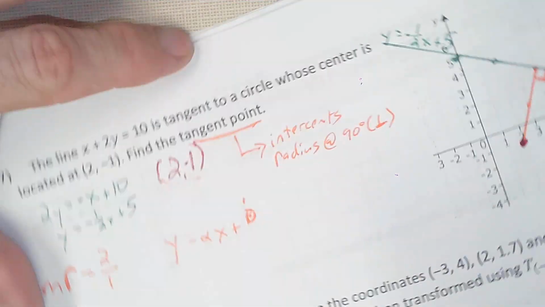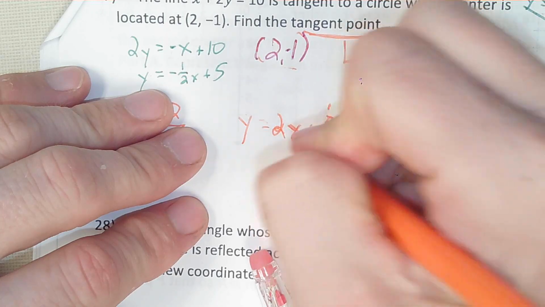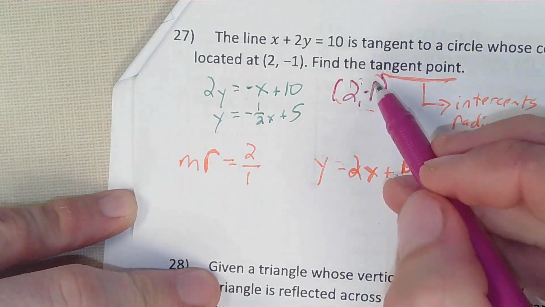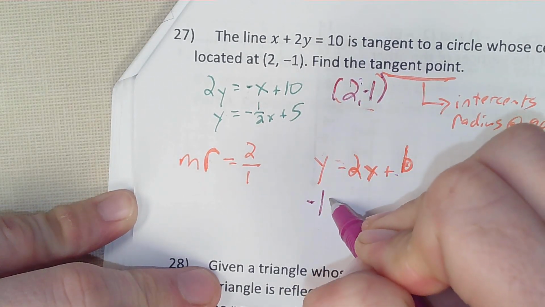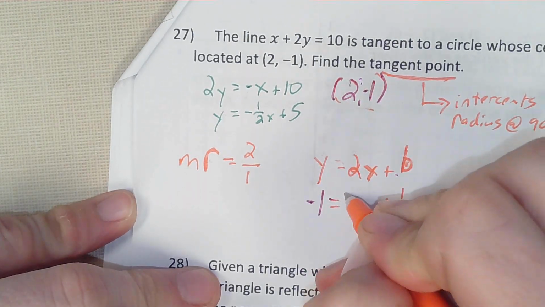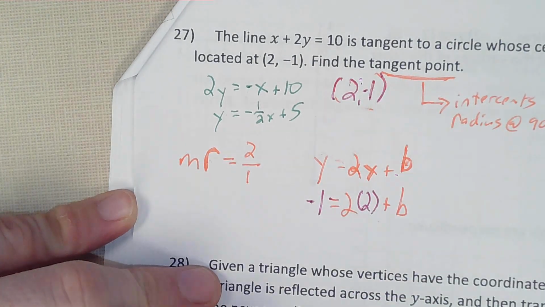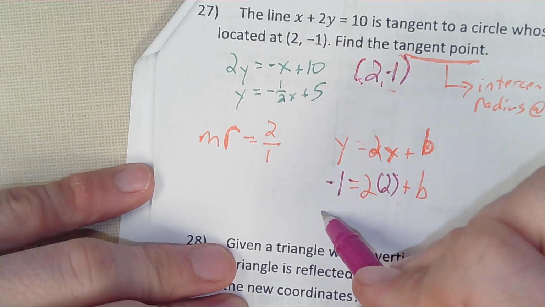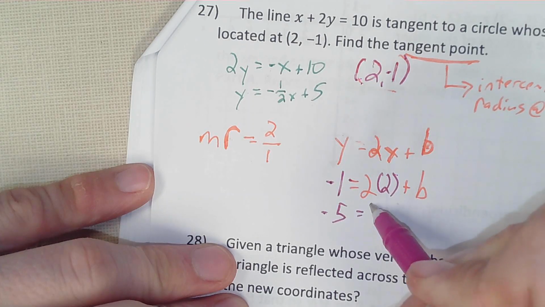All right, so y equals 2x plus b. Let me drop these values in. So y is negative 1 equals 2 times 2 plus b. Do the math, that's going to be 4. Bring it over here, it's going to be negative 5 equals b.